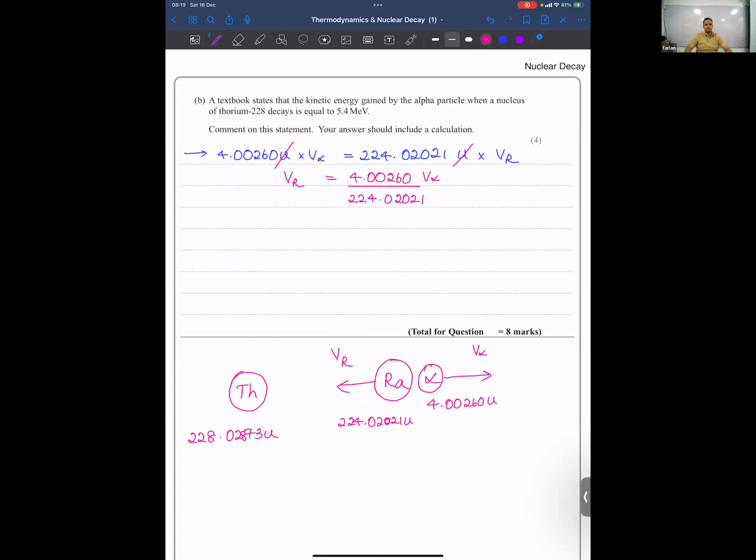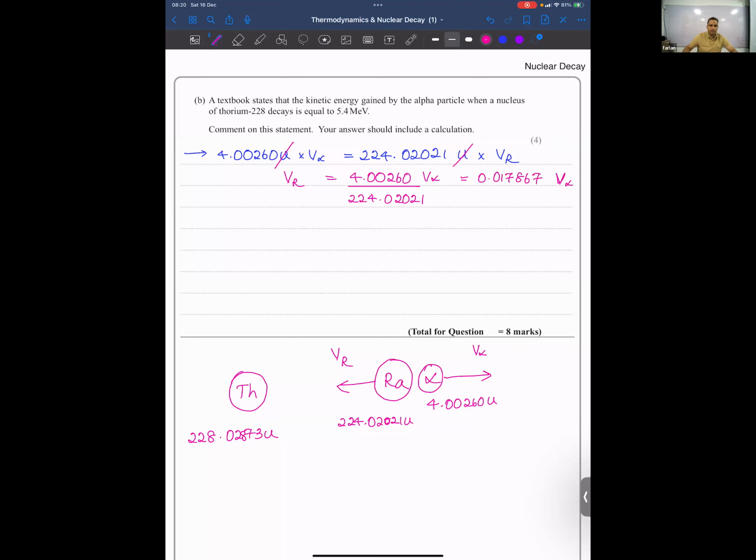This is vr in terms of v alpha, which is 4.00260 divided by 224.02021, which is 0.017867 v alpha.